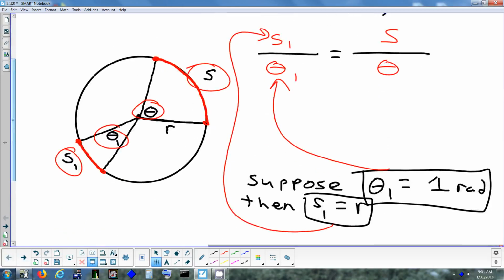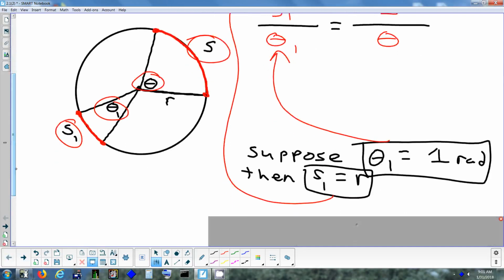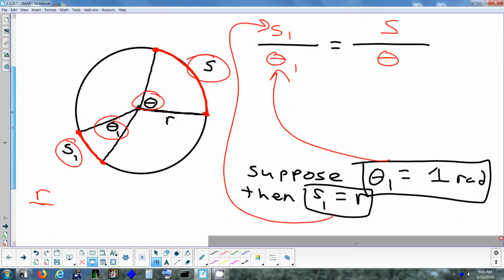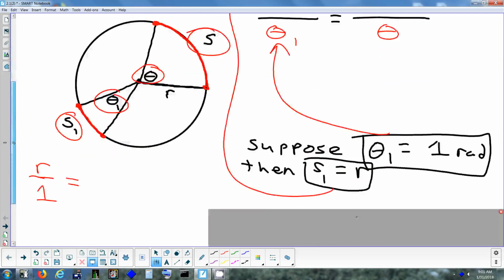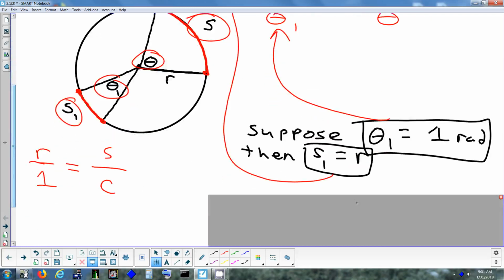S1 is R. Theta 1 is 1. There's your 1 foot, 12 inch type of fact. That's the starting point. Equals, now on the other side, we're not going to fill anything in, because when we're given a problem, we'll have stuff to plug in. So just leave it as S over theta.